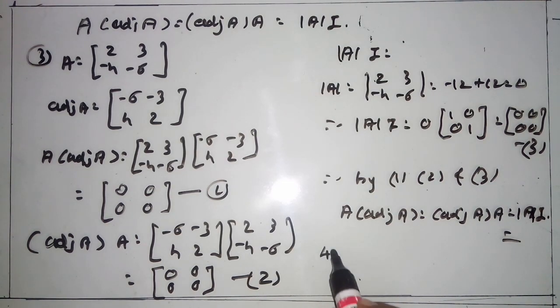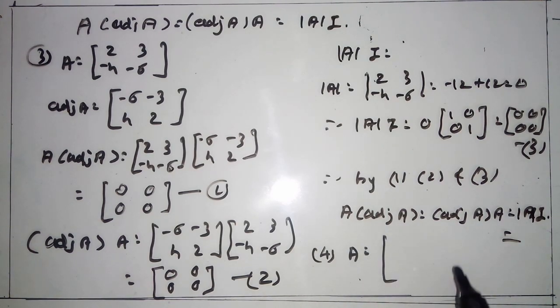Similarly, for 4, given a 3 cross 3 square matrix, 1, minus 1, 2, 3, 0, minus 2, 1, 0, 3.